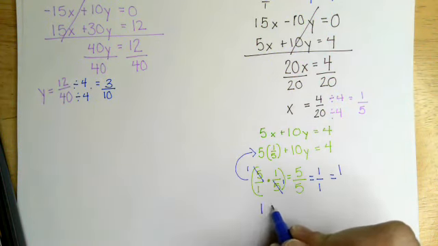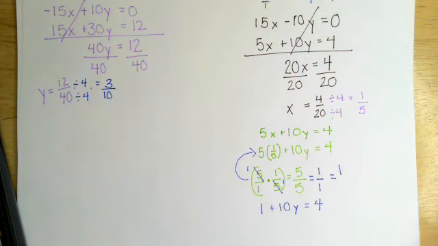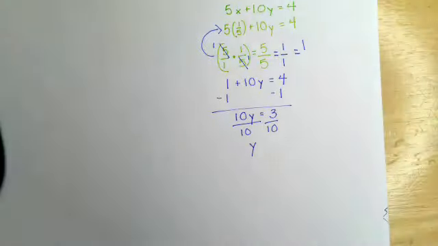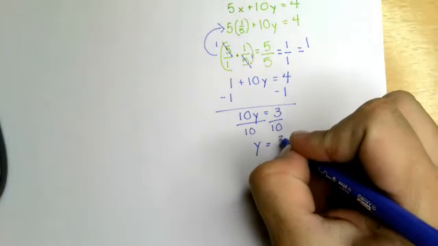Okay, so now it's 1 plus 10y equals 4. Subtract that 1. 10y equals 3. And then divide by 10. So y equals 3/10.